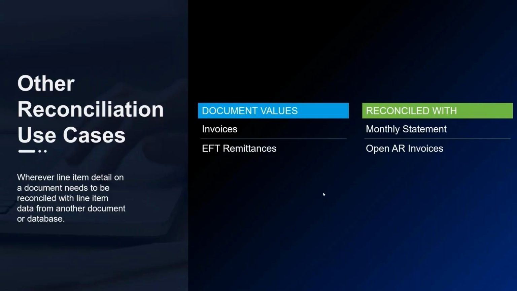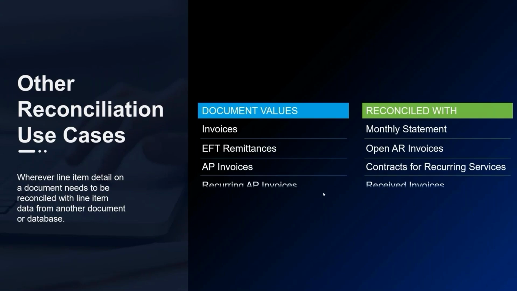That's an example that one customer brought to us when we were talking through some possible scenarios. Maybe you need to make sure that some of your AP invoices actually reconcile with contracts, maybe for recurring services. And so there's a reconciliation process or a matching process that you go through that you'd like to automate.